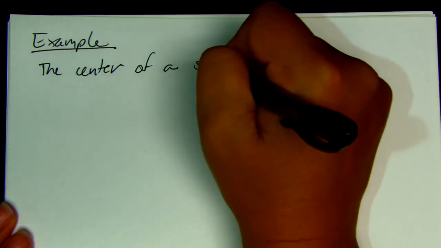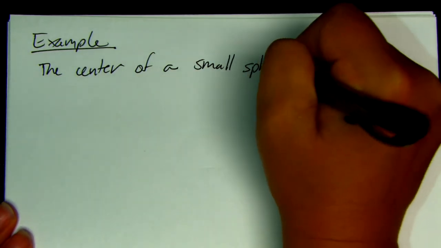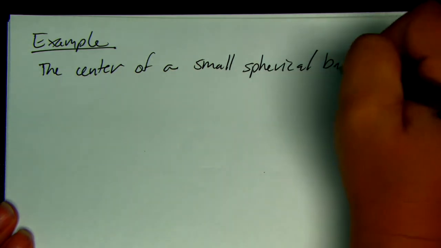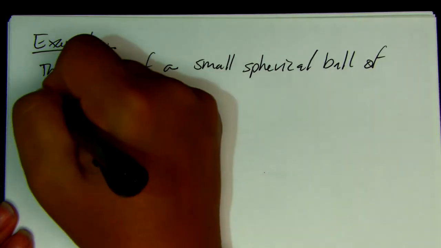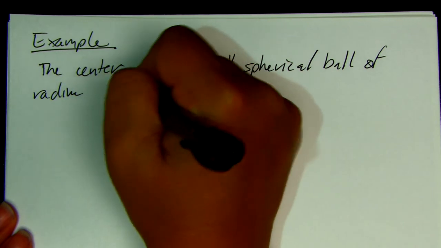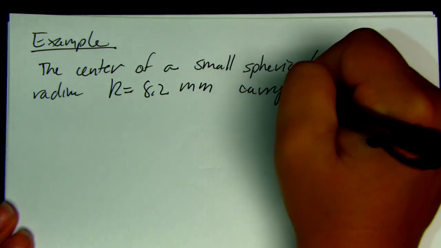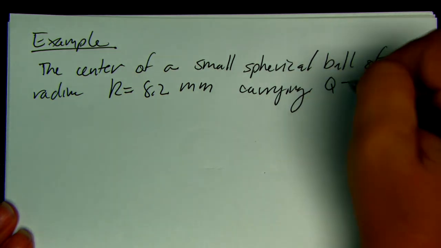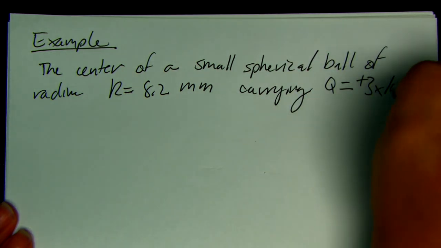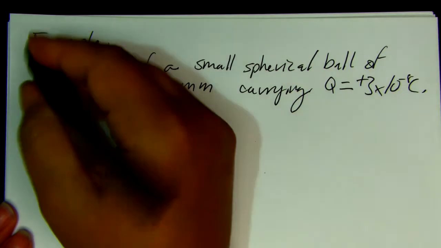All right, so let's do an example. The center of a small spherical ball of radius r equals 8.2 millimeters, carrying Q equal to plus 3 times 10 to the minus 8 coulombs.